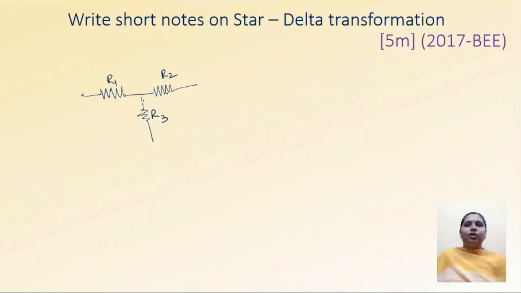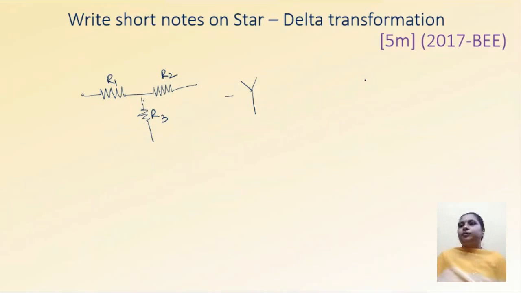R1 and R2 are not said to be in series. So such type of disturbances which are not making the circuit either in series or in parallel are said to be in star or delta. Whatever this resistor connection is, it is known as star connection, and it is represented with the letter Y.